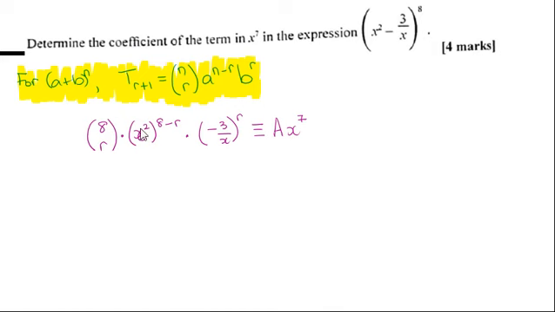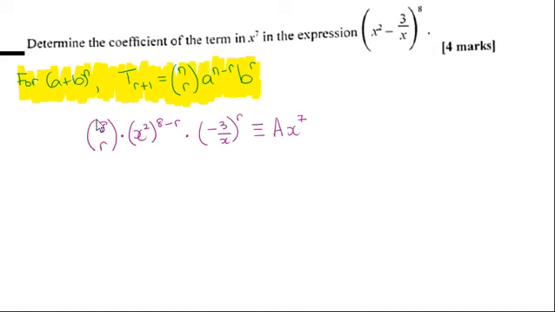So we're going to equate them, and then we're going to get their x's equal to each other. For now, we're going to ignore the constants. We just want to find a way of combining the x's on the left so that they equate to x to the 7.